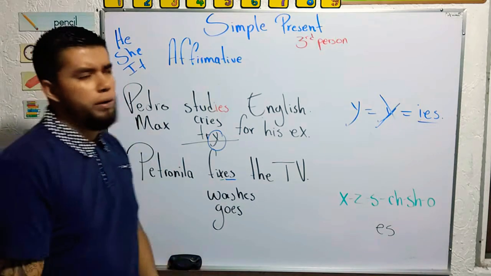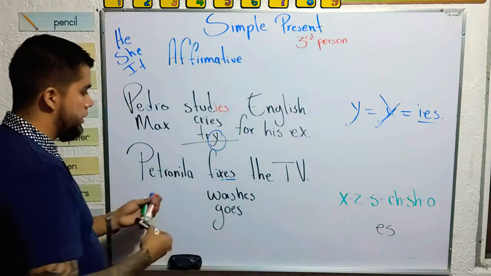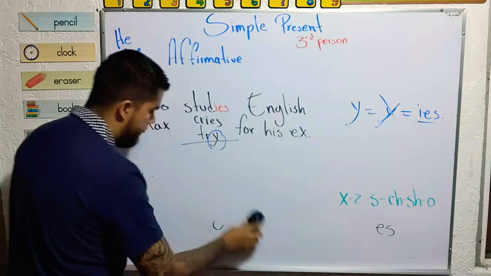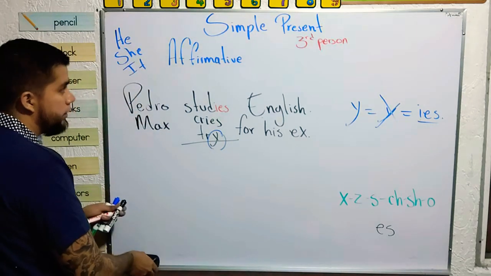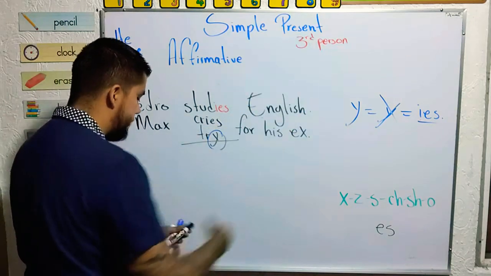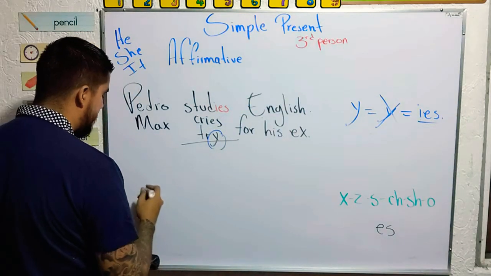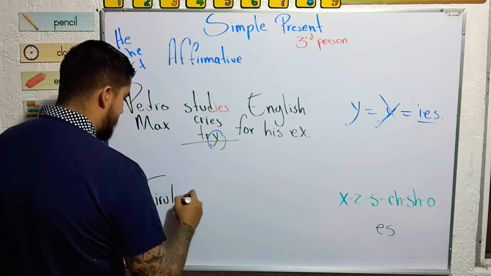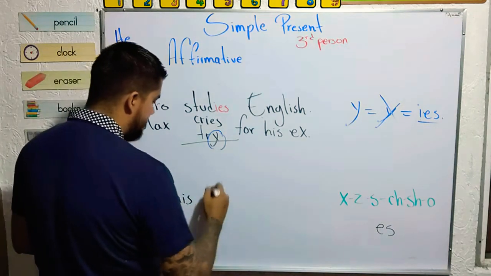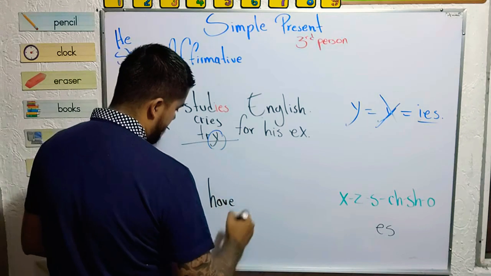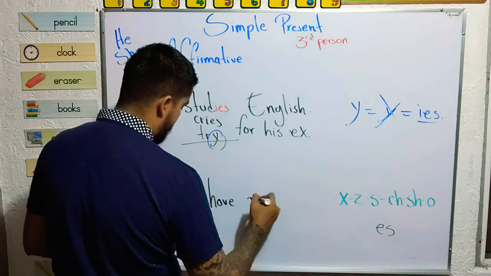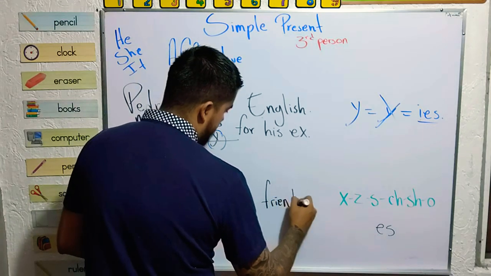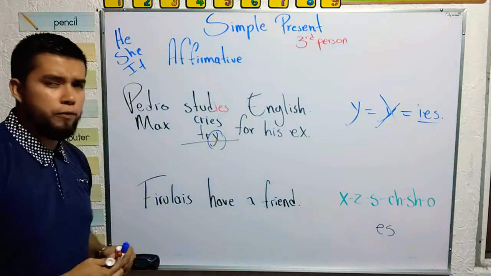And there's one more. Maybe you remember this one. When we're talking about he, she, it, affirmative, third person, for example, have. Say you have a friend.